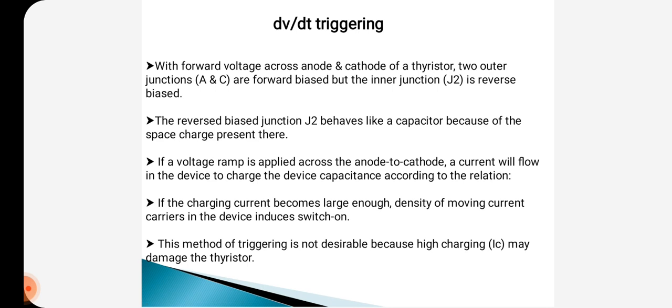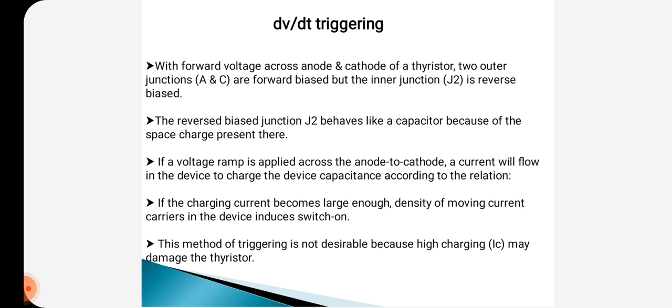So the next one is dV by dt triggering. In the forward voltage state, junctions J1 and J3 are forward biased and J2 is reverse biased. So the current I equals C into dV by dt, where dV by dt is the rate of change of applied voltage and C is the junction capacitance.